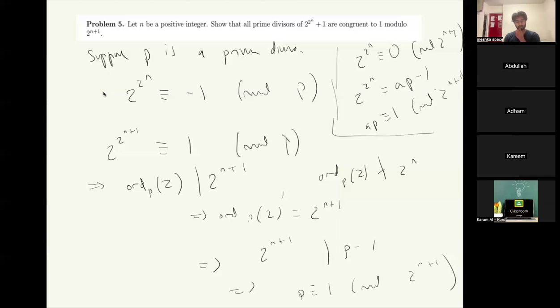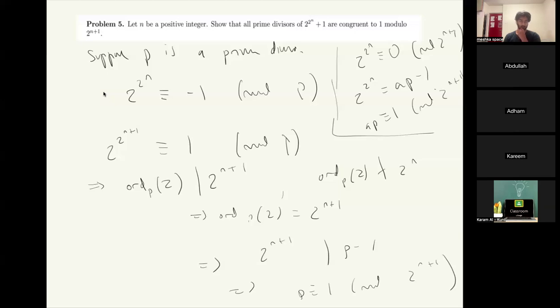But the GCD of 2 to the n plus 1 and b minus 1 must be in the form 2 to the m for some integer m. And so the order must also be 2 to the k for some integer k.